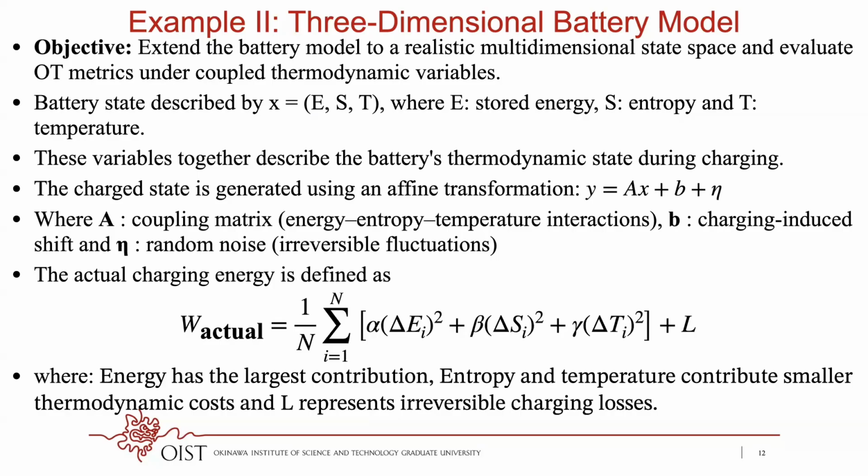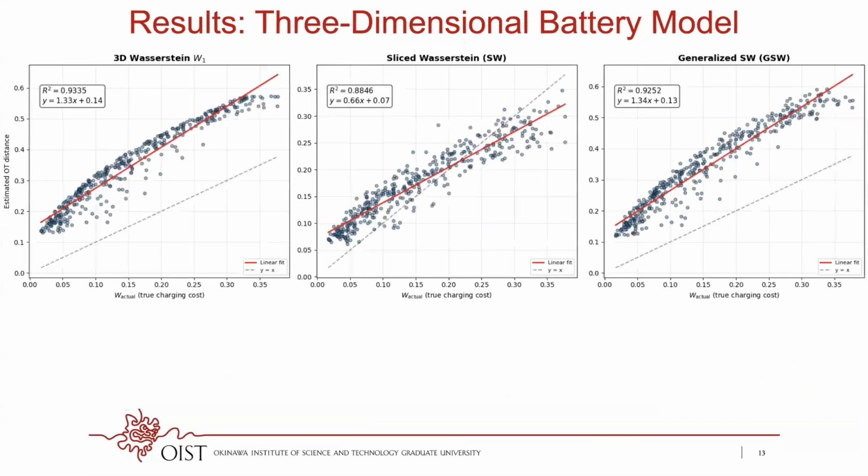In the next slide, you can see we have plotted the same: on the x-axis the actual energy cost, and on the y-axis the predicted energy cost. If you remember, in the previous slide the battery dynamics are predominantly linear in the energy coordinate.